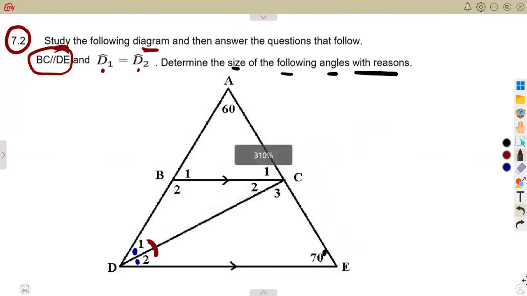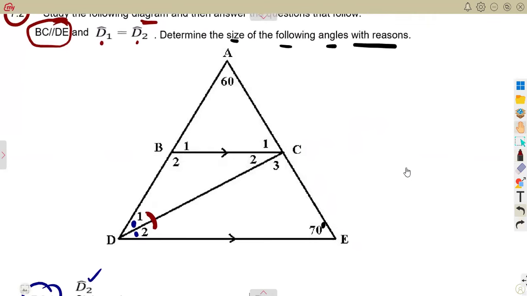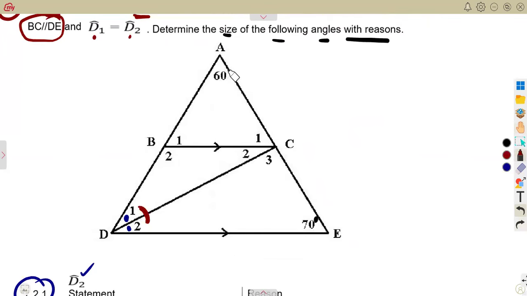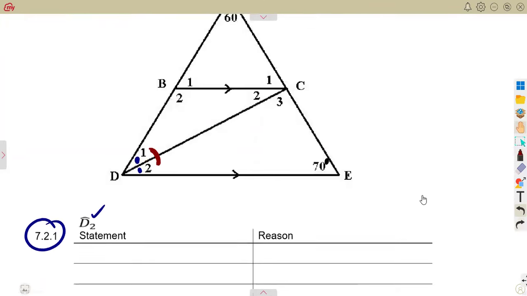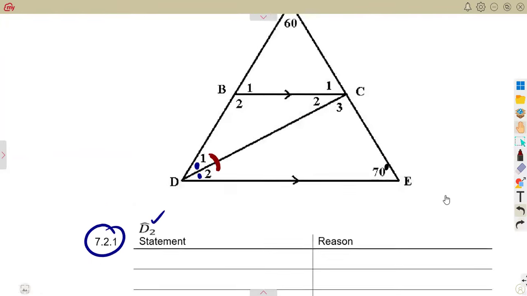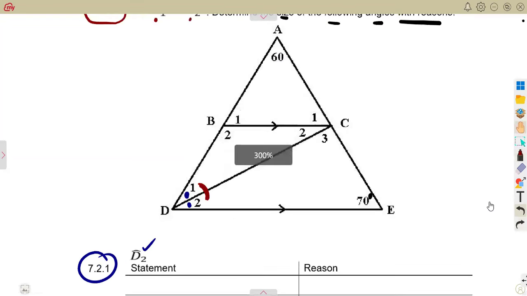So since these two are equal, we can actually use the angles inside of a triangle. Angle A, angle E, and angle D are supposed to give us 180 degrees. These are the interior angles. I want you to see what I'm trying to say. Let us form a statement.